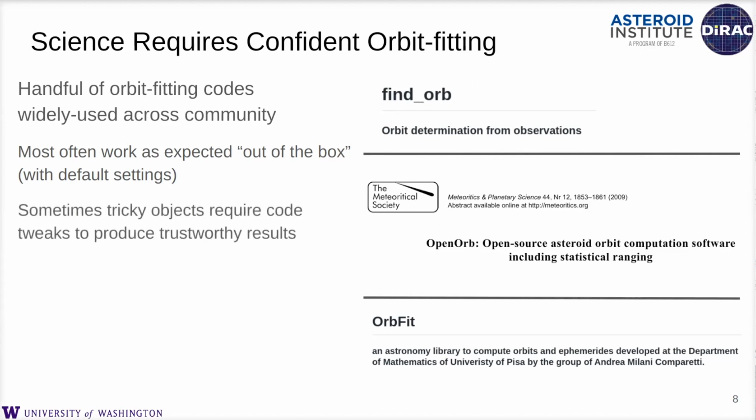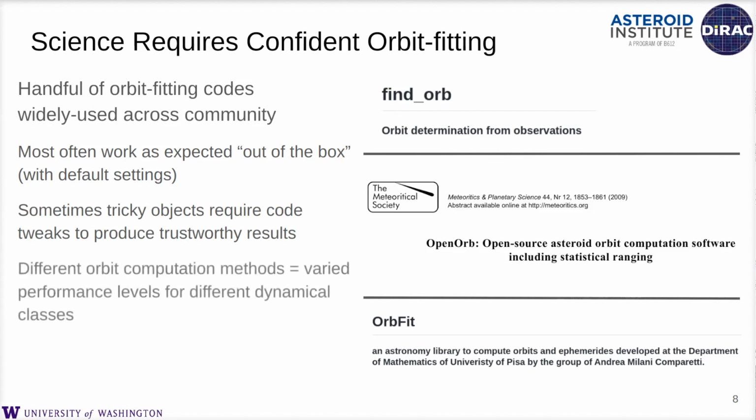However, there are times when we discover objects that are really difficult to determine orbits for, and that can require users of these orbit fitting codes to modify the code in order to get trustworthy results back out.